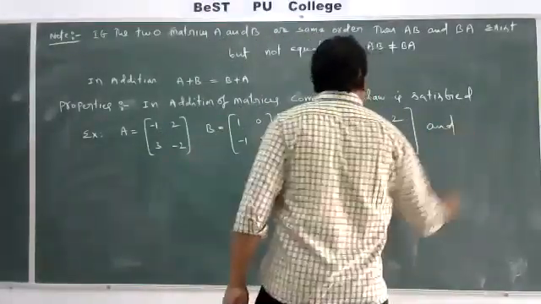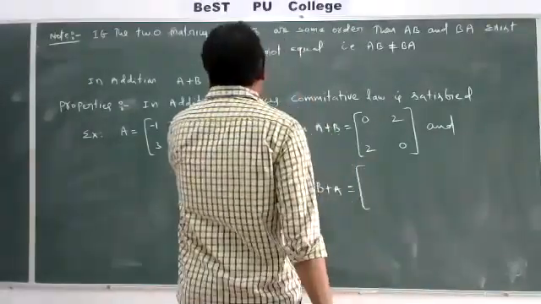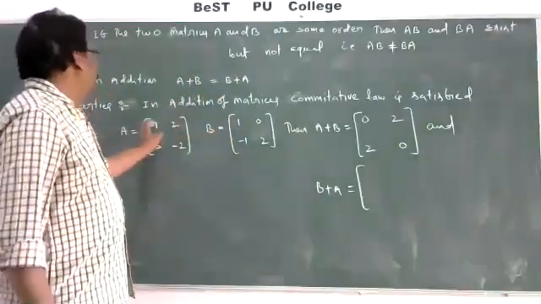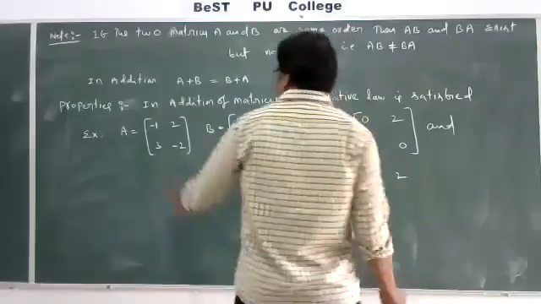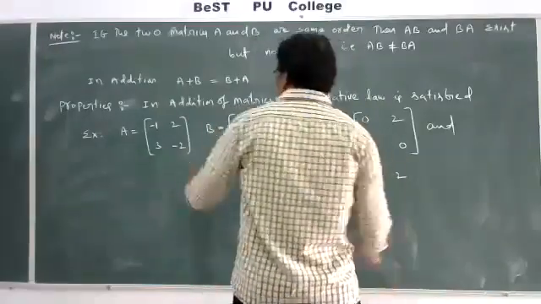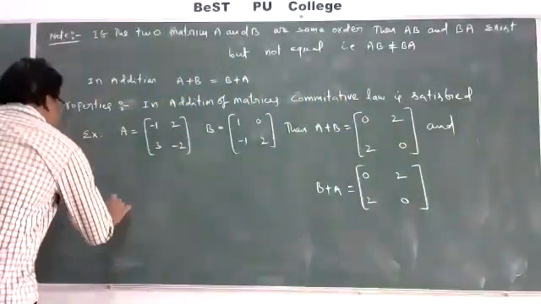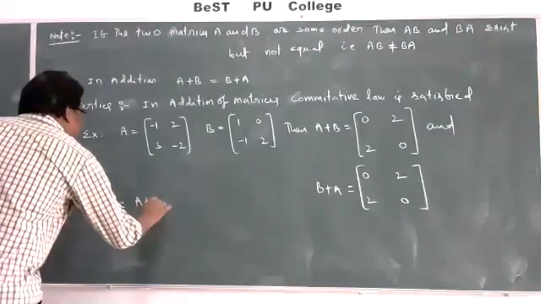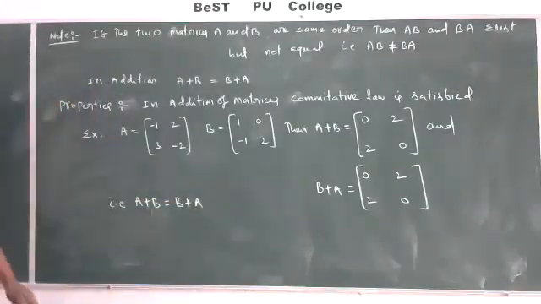And B plus A again: 1 minus 1, 0, 0 plus 2, 2, 3 minus 1, 2, -2 plus 2, 0. That is, A plus B is equal to B plus A. In addition of matrices, commutative law is satisfied.